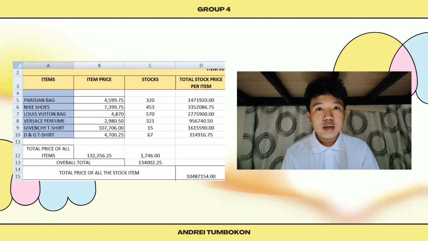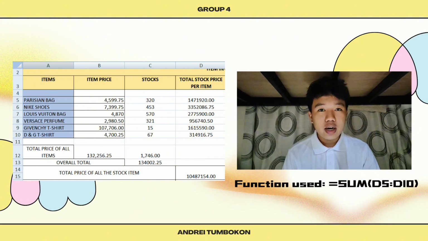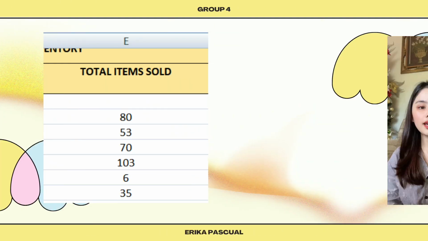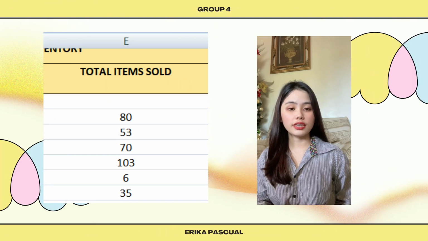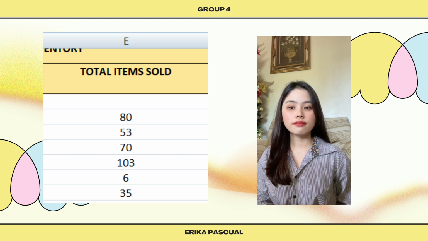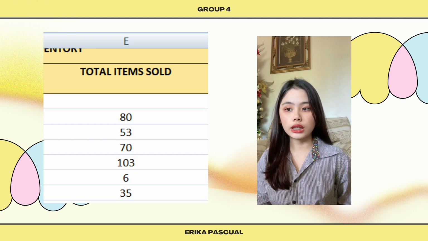And if we add all the stock price per item, the total amount will be 10,487,154.